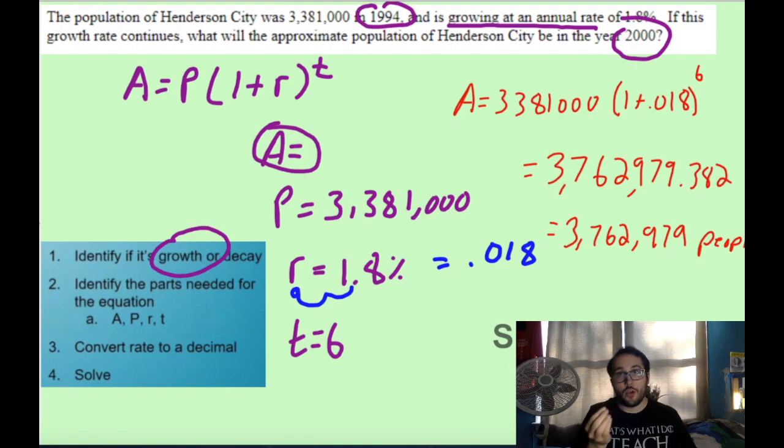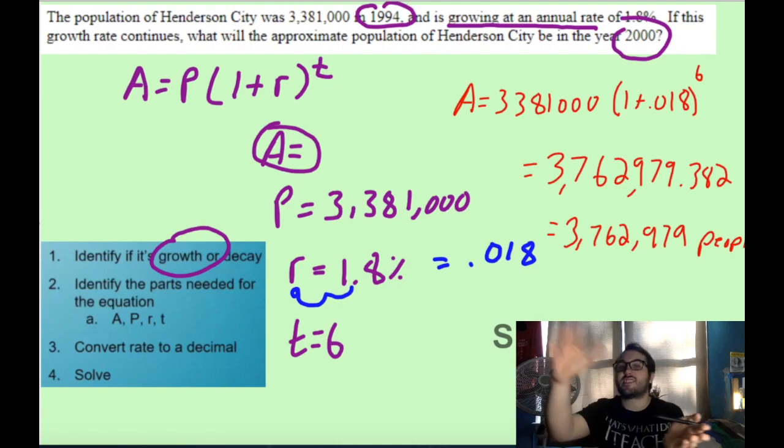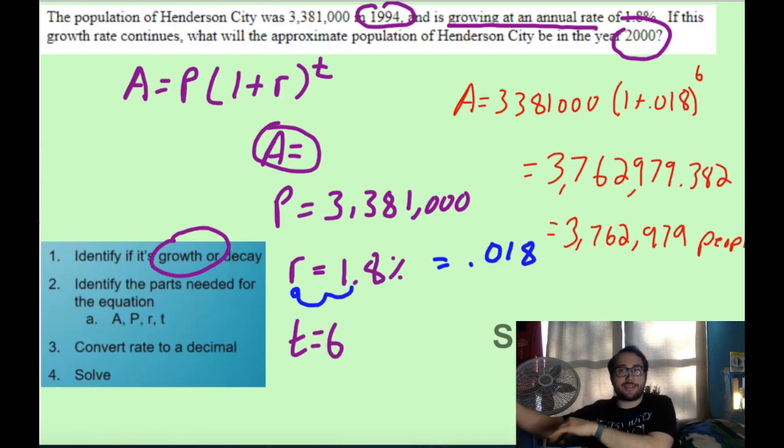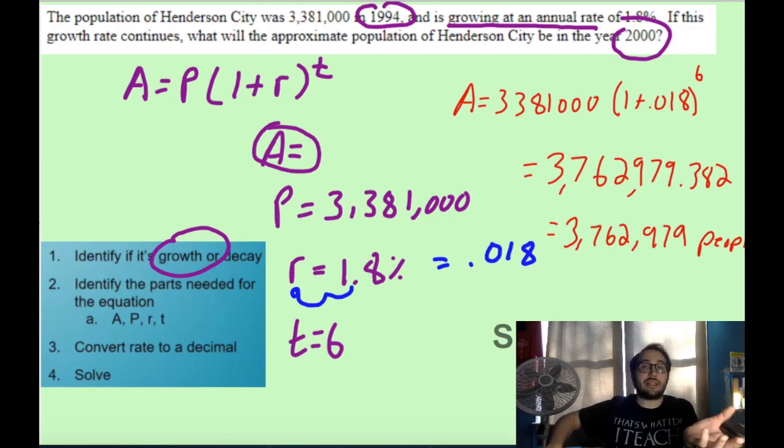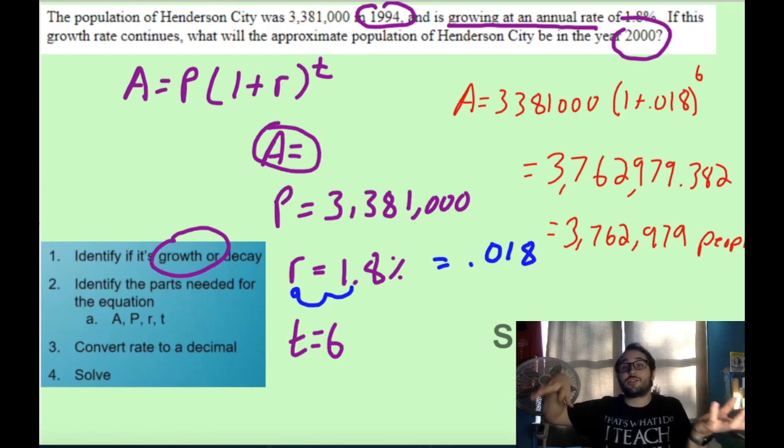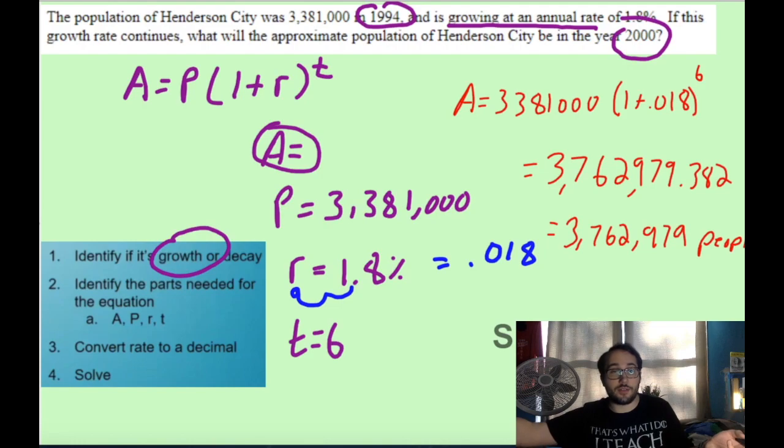Super important. We're doing real life stuff. Does this make sense? We started with 3,300,000 and something people in 1994. And we're saying that we're going to have some kind of growth in the next 6 years. So is it possible that we go from 3,300,000 and something thousand to 3,700,000 and something thousand?